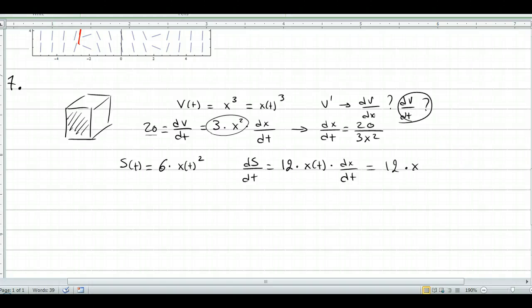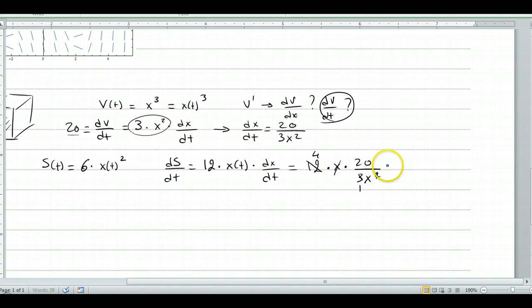We just have to be aware that it's x of t. 12 times x times 20 divided by 3x squared. So 12 by 3, 4. 3 by 3, 1. And then this x goes with this one. And so we finally have 4 times 20 over x, which is 80 over x.